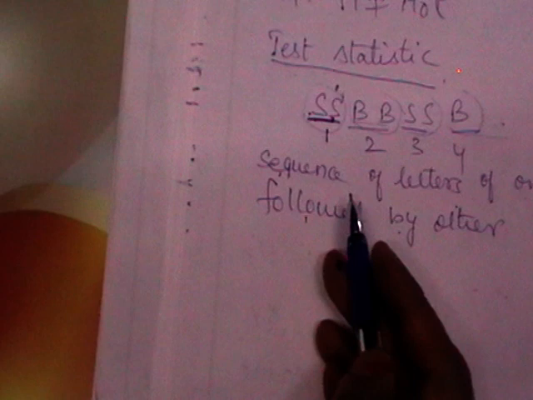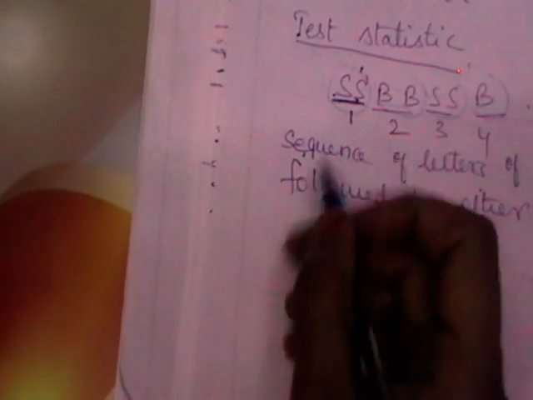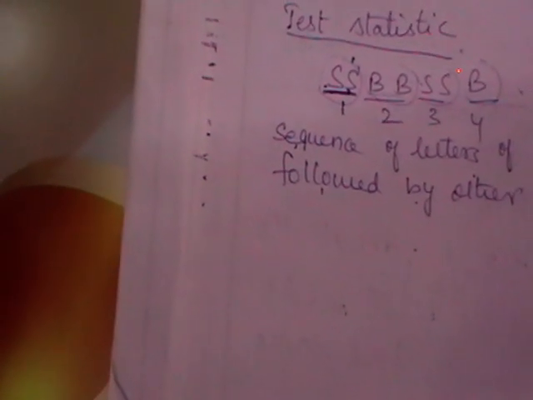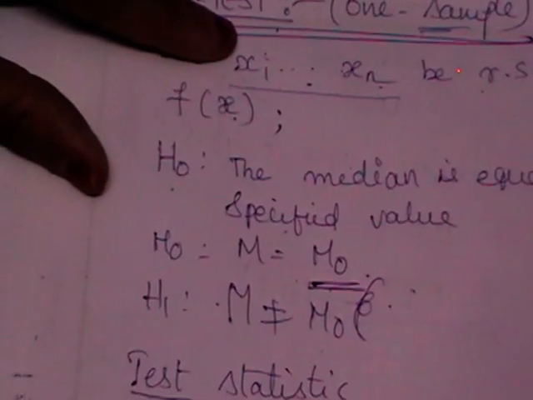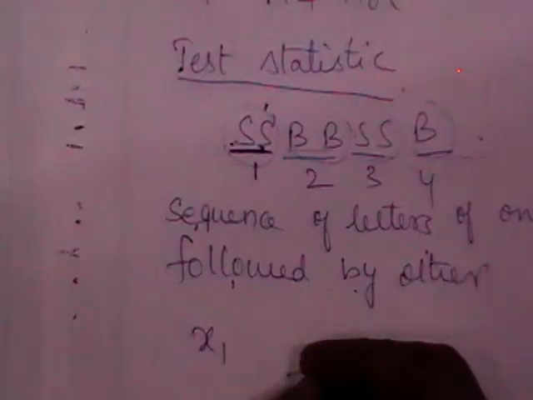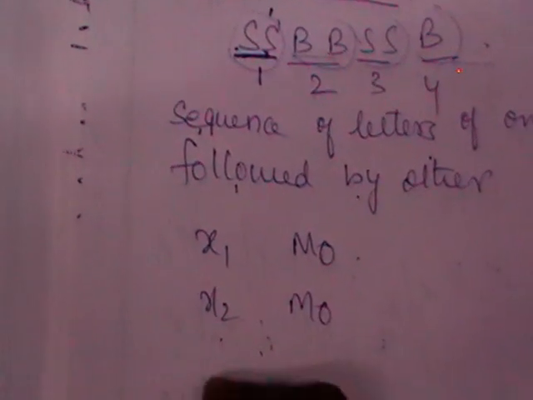If the median is given to you, what you need to do is compare. Let us say you are given a sample of 10 observations. You compare each observation with the median: x1 with median, x2 with median, and like that xn with median.